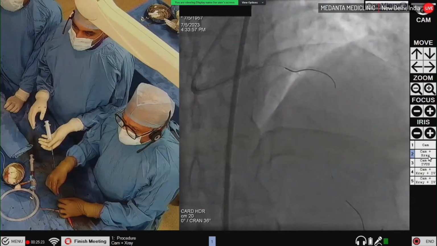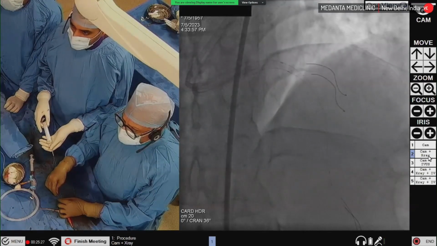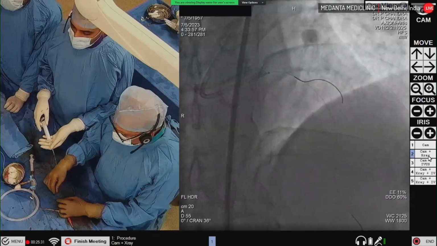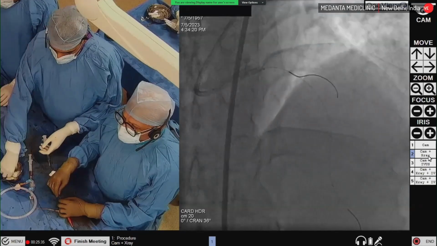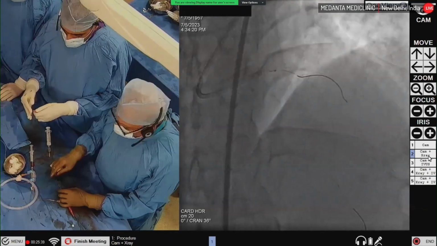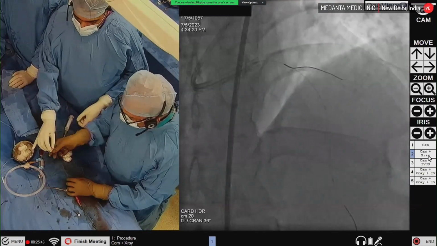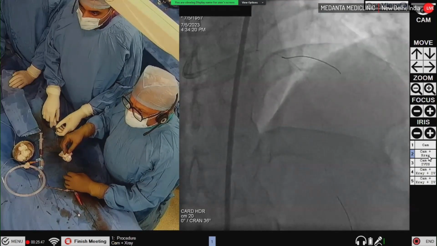So you see how almost 90 degrees the stenosis is. Can you just give me a talker, please? Yeah. So the wire actually kinked at that place.